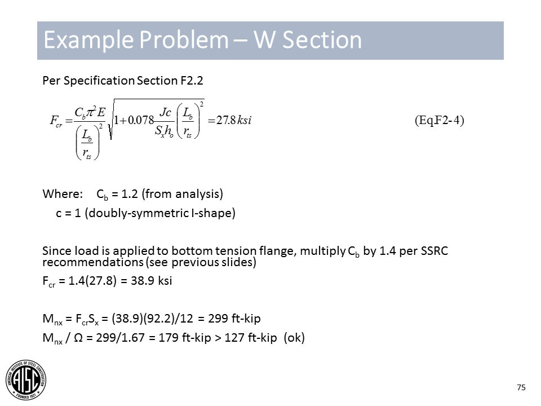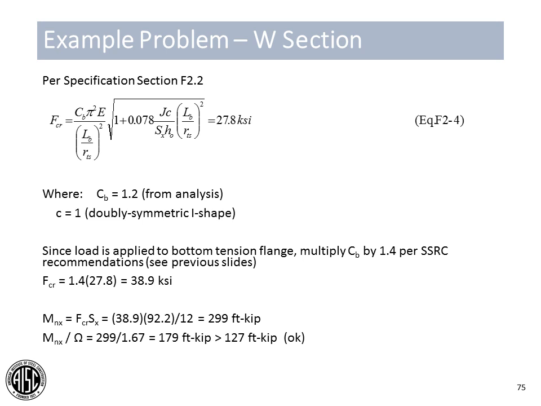We used a C sub B of 1.2 for this F critical development, and C is equal to 1 for doubly symmetric members. Now, since the load is applied at the bottom of our tension flange, we can multiply C sub B by 1.4 per that Structural Stability Council recommendation from the previous slide. So we actually have a modified F critical of 38.9 ksi.